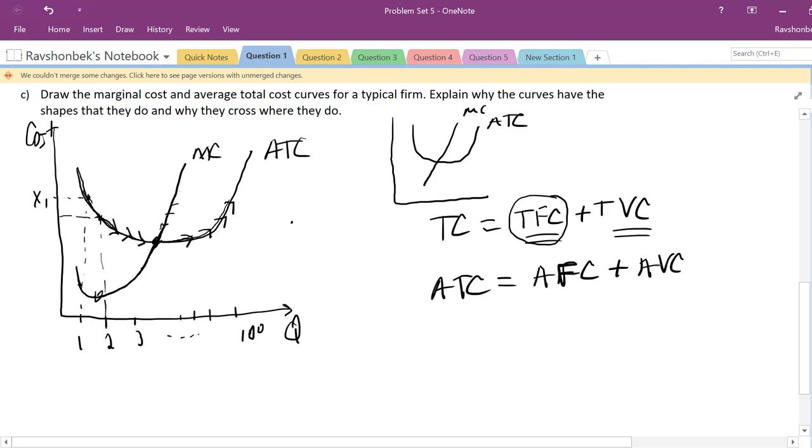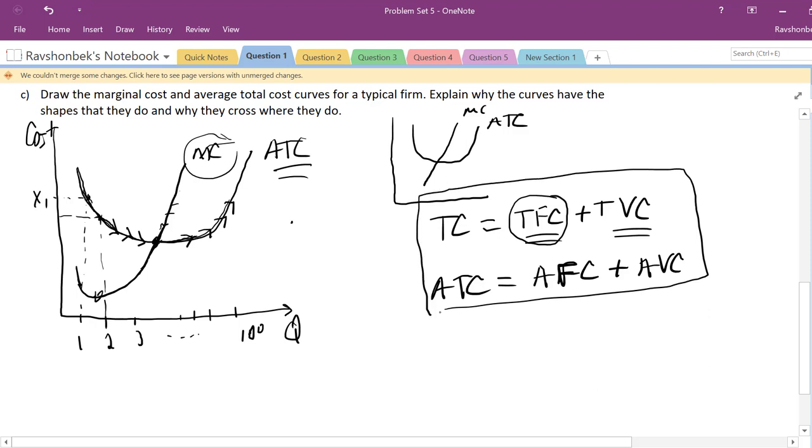Now, what determines things from this point onwards is the behavior of the marginal cost, and marginal cost behavior is affected by the diminishing marginal products. Notice this, in the short run, we usually have only one fixed capital but variable labor.